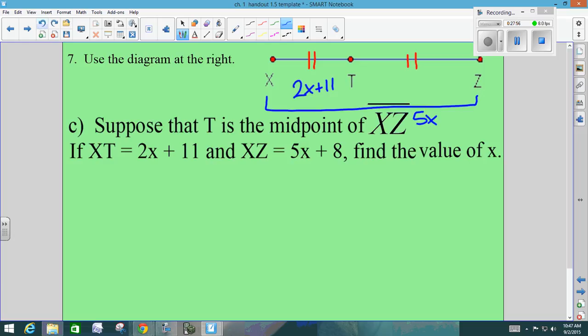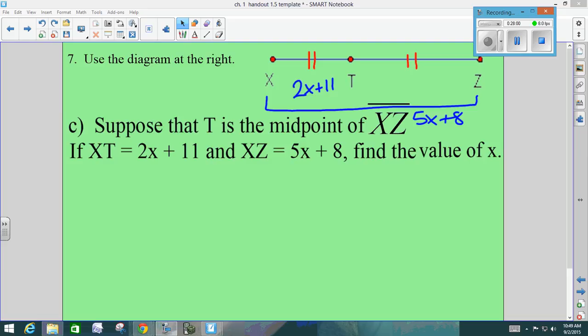You need to find the value of x. Midpoint. This side is congruent to this side. What does TZ equal? 2x plus 11. Because they're congruent, right?